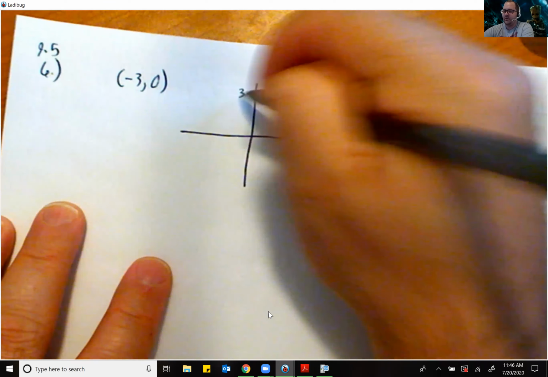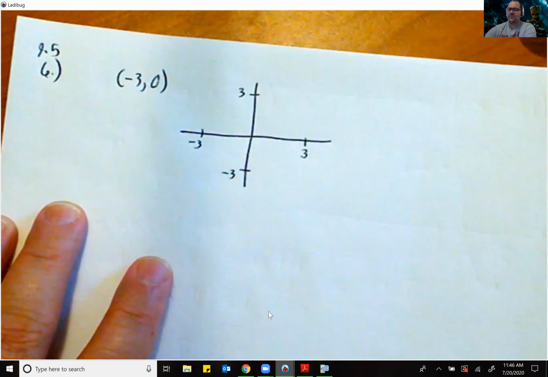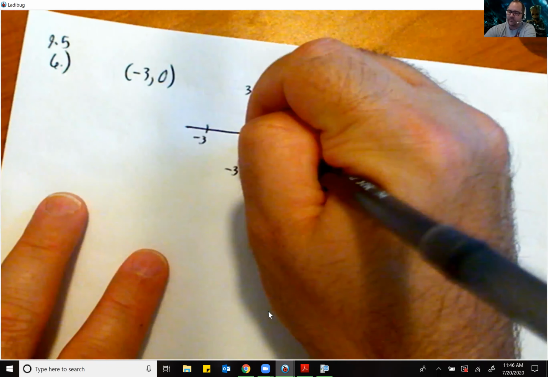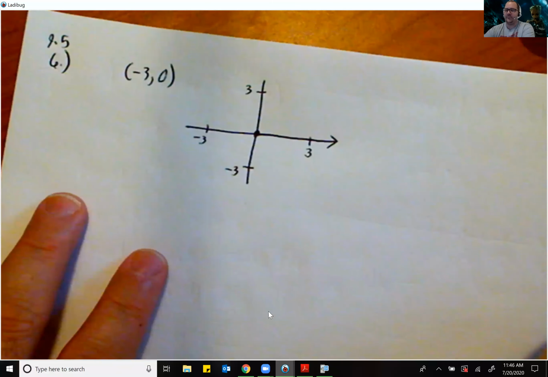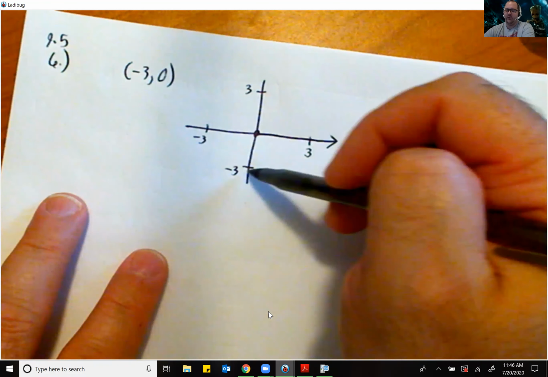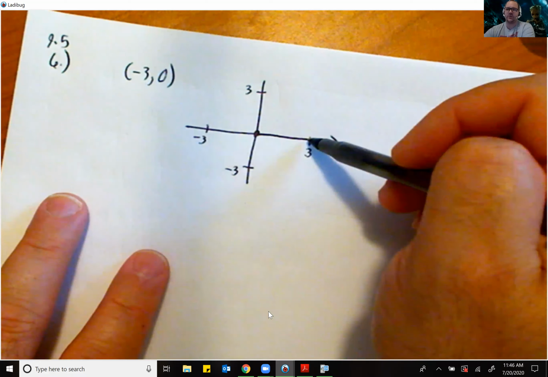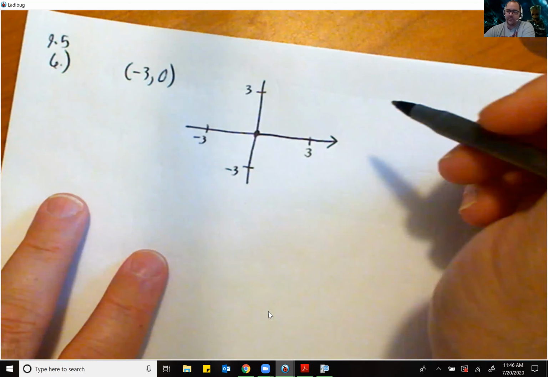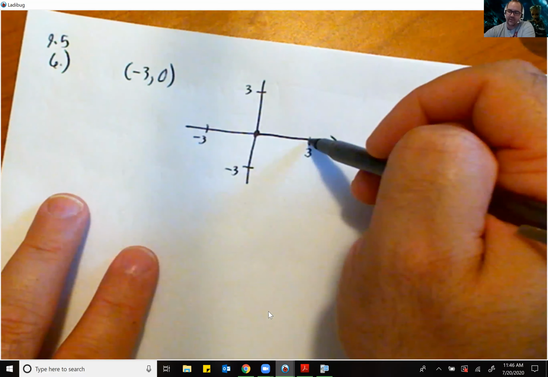With standard position, we'll make this easy for us. 3, -3. Standard position, you have a beginning ray that starts here. Okay. And then from there, we have a terminal ray that ends out somewhere within these spaces. And the terminal ray always rotates counterclockwise because theta should be positive. Okay, so we like our theta, our angle, to be positive, which means we're going to rotate counterclockwise.